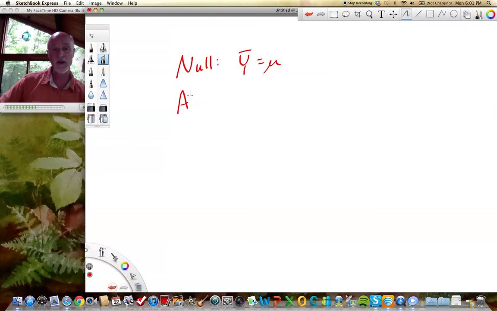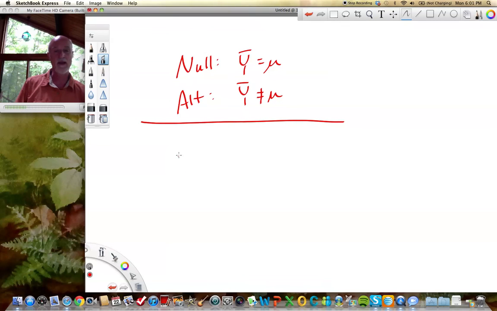And the alternative hypothesis was simply that y bar did not equal mu. Okay? And that will often be the form of our null hypothesis and alternative hypothesis. But there's another way of stating that. We could have the null hypothesis, which will always be y bar equals mu, but the alternative hypothesis could be that y bar is greater than mu. Or it could be that y bar is less than mu.